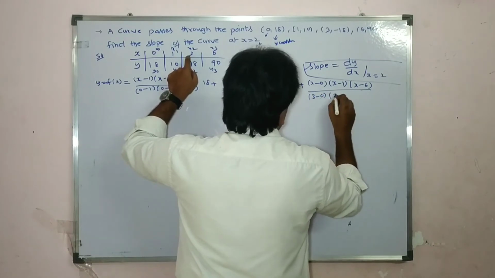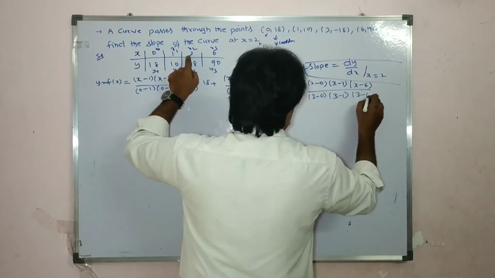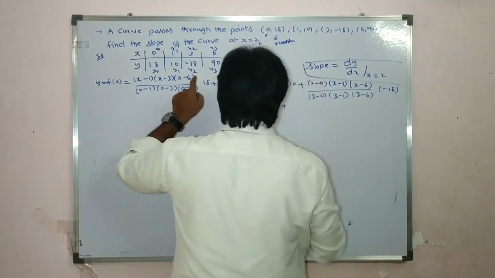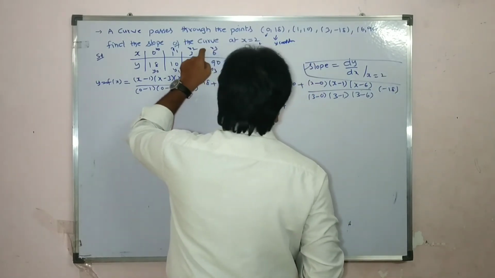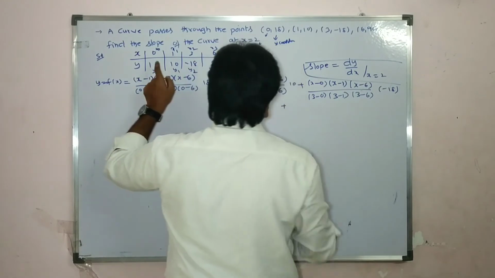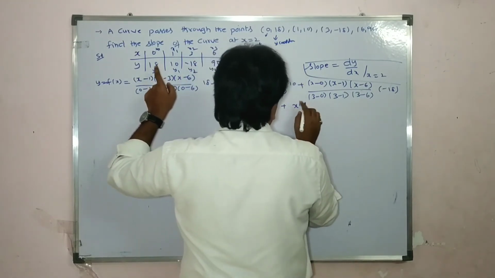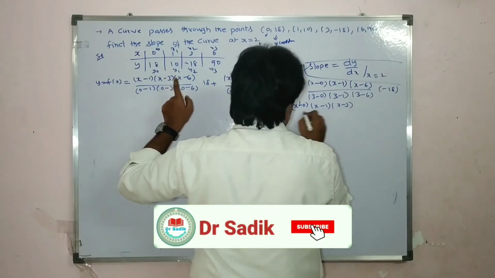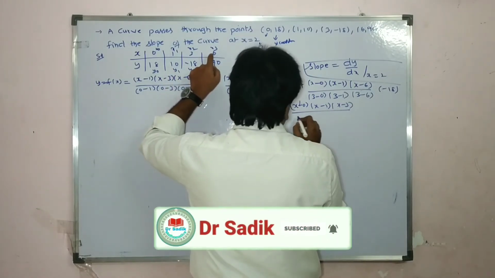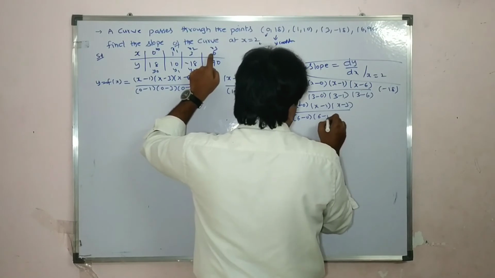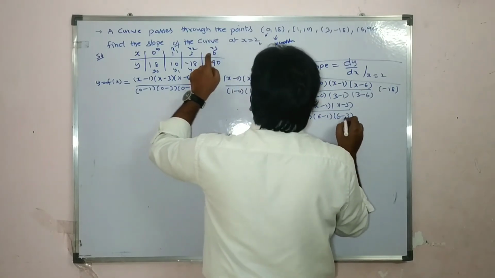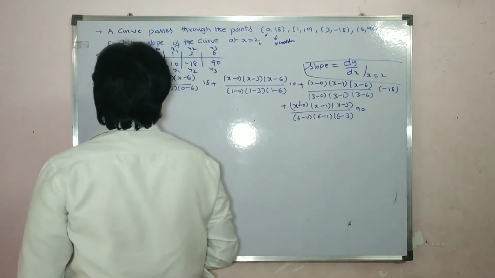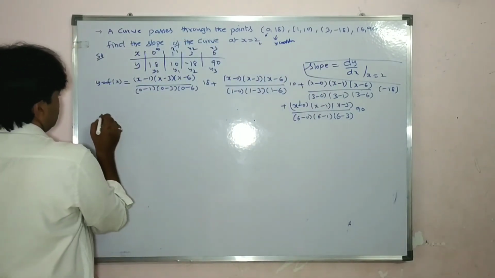So (3 minus 0)(3 minus 1)(3 minus 6) into minus 18, plus this time you skip 6. So (x minus 0)(x minus 1)(x minus 3) divided by, you write 6: (6 minus 0)(6 minus 1)(6 minus 3) into 90, that is equal to.